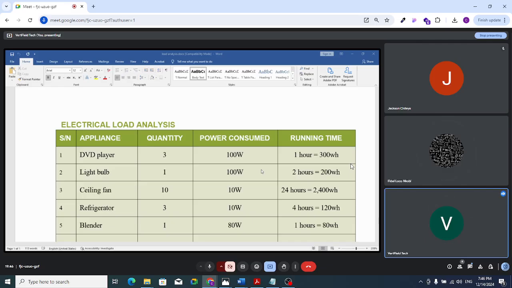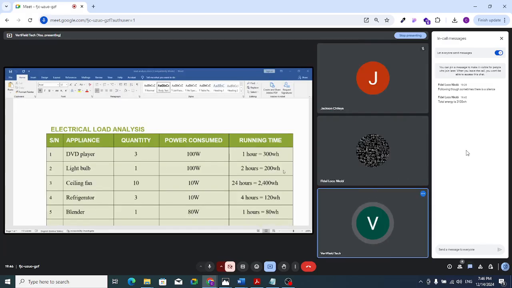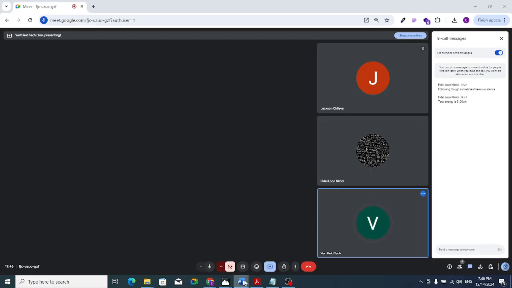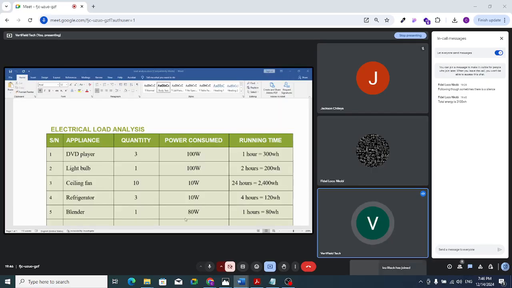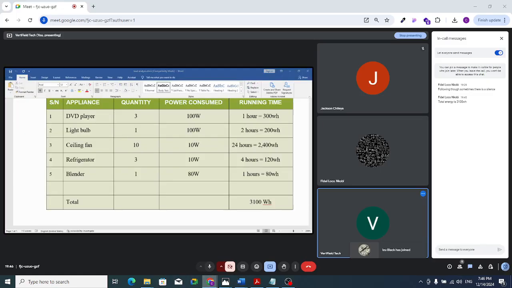So adding everything up, we have arrived at an answer that Mr. Fidel has given: the total energy consumption is 3100 watt hour, and that is the right answer.